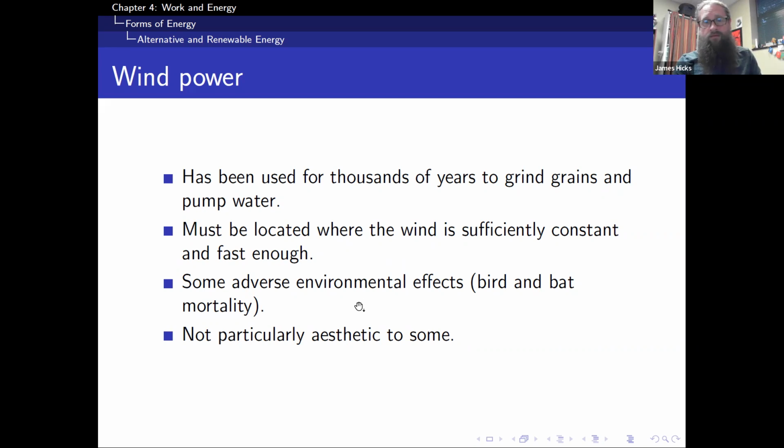There's definitely some environmental effects. Bird and bat mortality goes up. If you've ever seen some of these large wind farms, the blades are incredibly long, and a lot of them are very hard to, like, when the windmill is done, what do you do with these long blades?